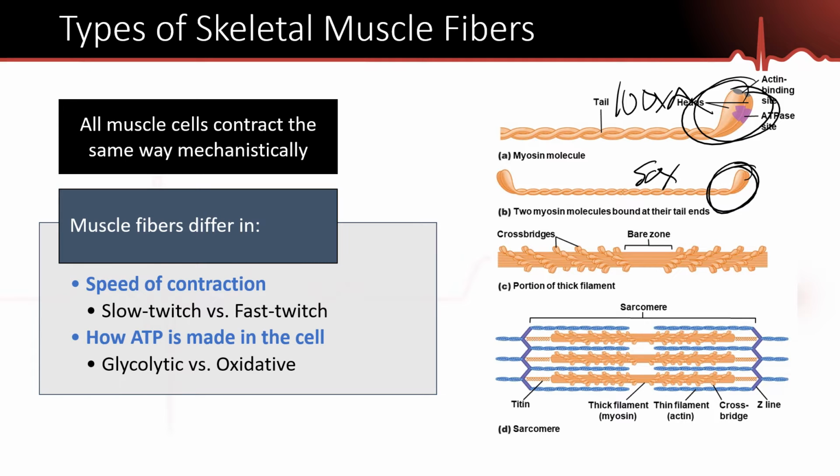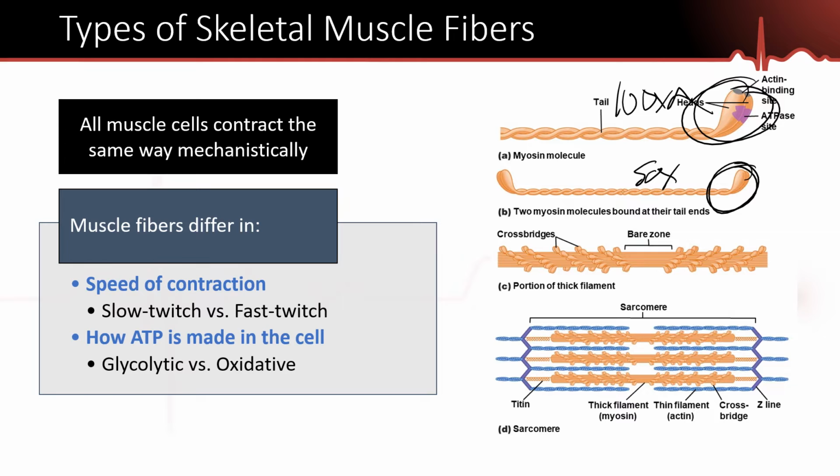We know that this is generally true when we compare fast and slow twitch muscle fibers. We've established this quite definitively in the lab setting, which is that myosin heads within fast twitch fibers can cycle at higher frequencies than the myosin heads within slow twitch muscle fibers.